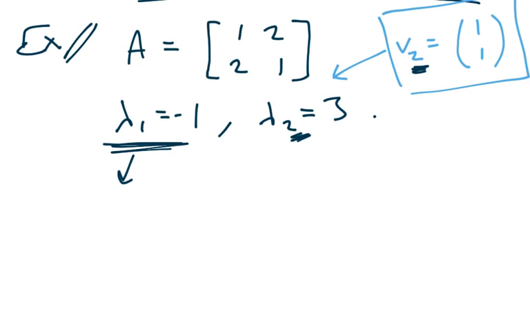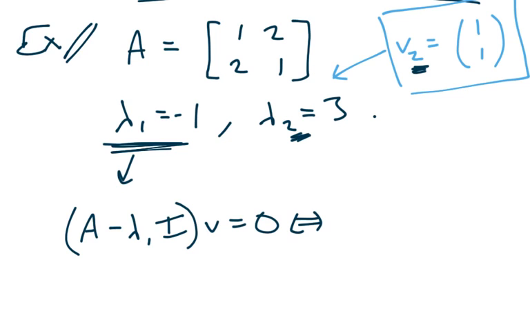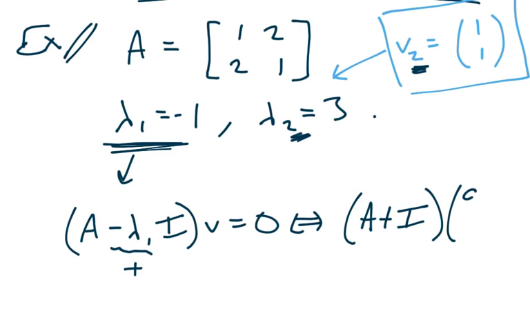So if I try to solve for A minus lambda 1 times the identity, multiplied by v, set equal to 0, this is the same thing as saying A plus the identity, since lambda 1 is negative 1, which is going to become plus. So I'm going to have A plus the identity times a vector, which I'll call (a, b), should be equal to the 0 vector.